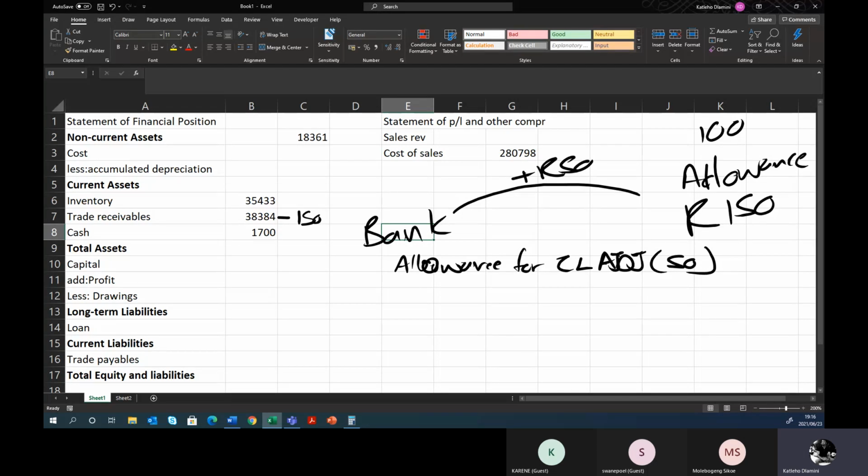So that's the difference. As I said, one is the movement, which is this one, and the other is the position, being this one.